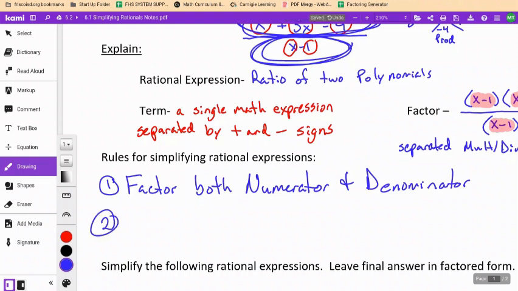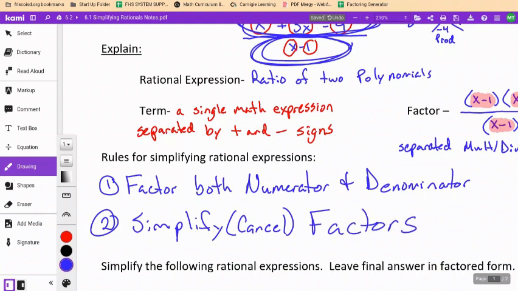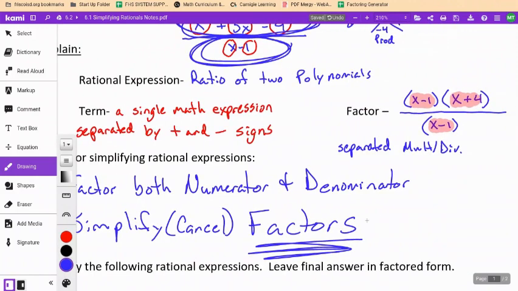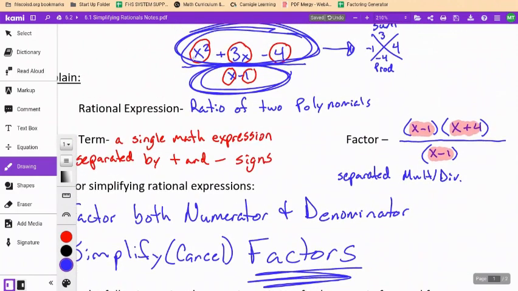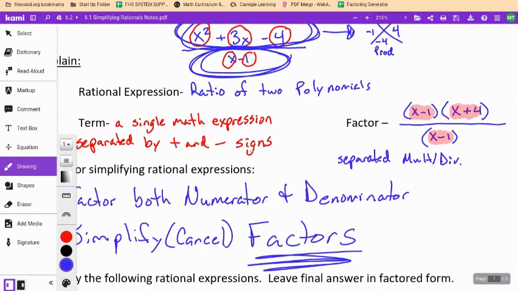And then the second thing is we're going to simplify or cancel our factors. Okay, so again, it is very important to know the difference between terms and factors. I can simplify or cancel factors. I cannot do that with terms.